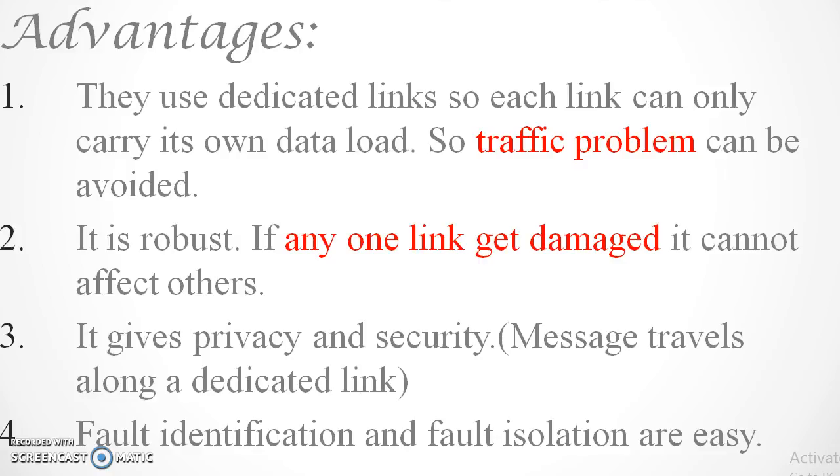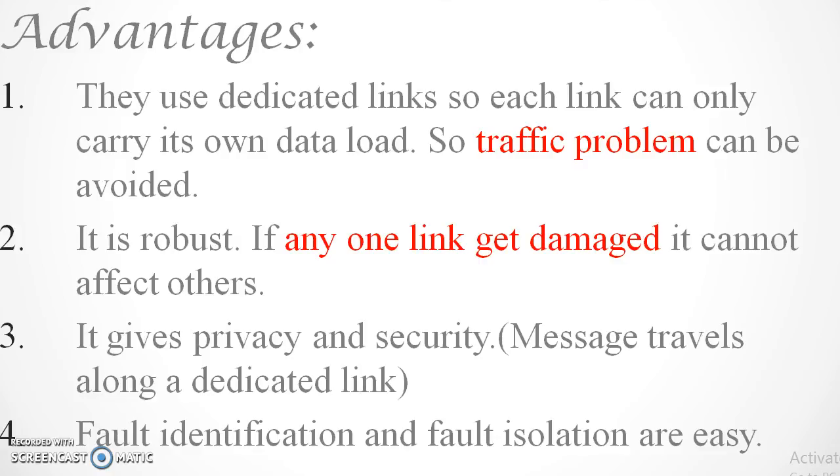Another advantage is that it is robust. That means if any one link gets damaged, it cannot affect others. Each pair of nodes will be having its own link. So if there is any damage to any one node in the mesh, then it won't affect other nodes.